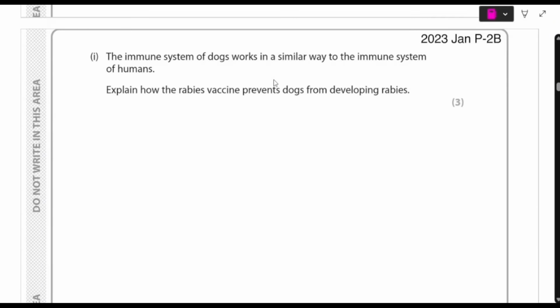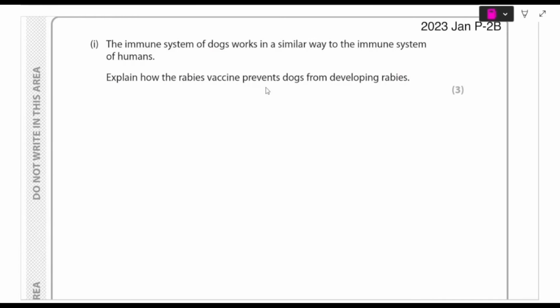So in vaccination, we inject a person, an animal or the subject with a weak or inactive pathogen with the same antigen as the disease-causing pathogen, but it is not active.